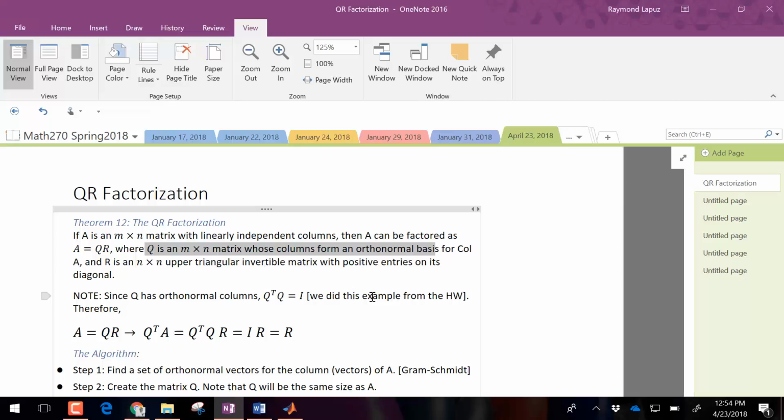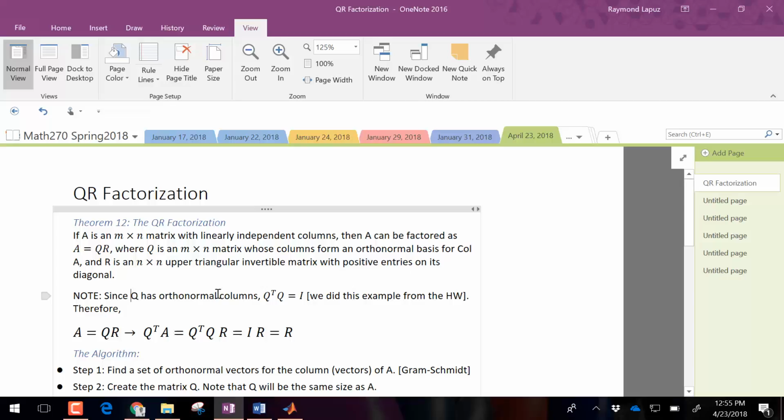And R turns out to be a triangular matrix. Not only that, but it also has positive entries on its diagonal. That has a lot of value in doing a bunch of computations, so it would be good for us to know that.